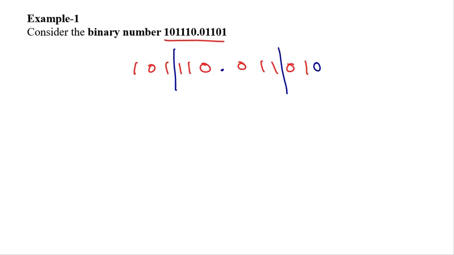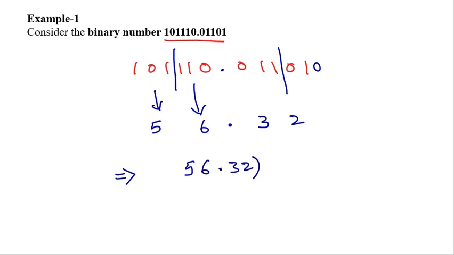So for the 3-bit binary 101, the equivalent octal digit is 5. 110 is equivalent to 6. 011 is equivalent to 3. 010 is equivalent to 2. So the octal equivalent of the given binary number is 56.32 base 8.